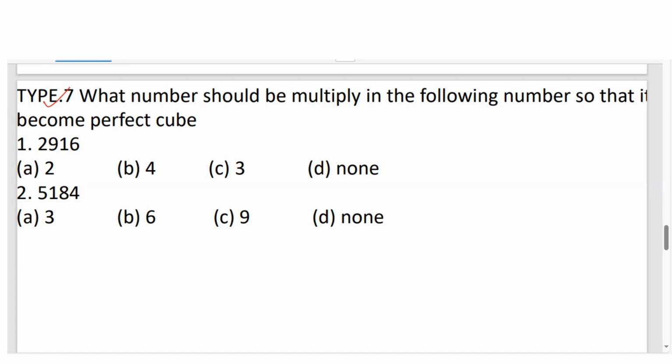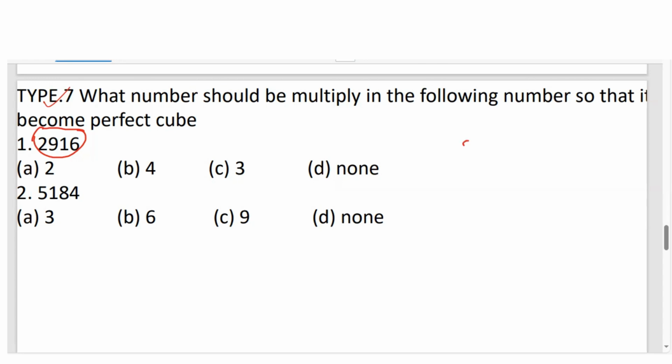For this type of question, the simple technique is: you make the factors of this number, and then make triplets of three equal numbers. The number which has no complete triplet, we will check what we should multiply.